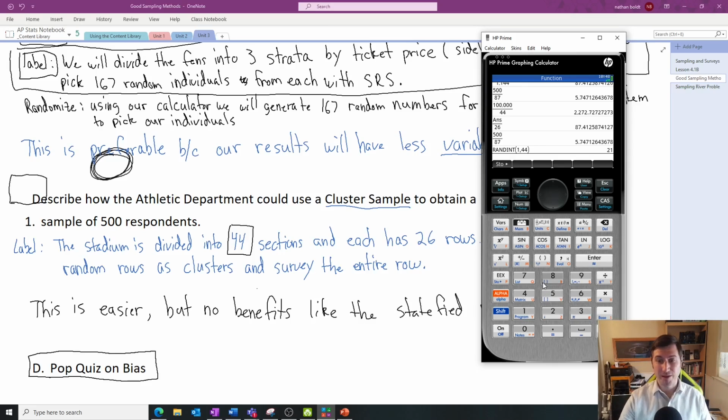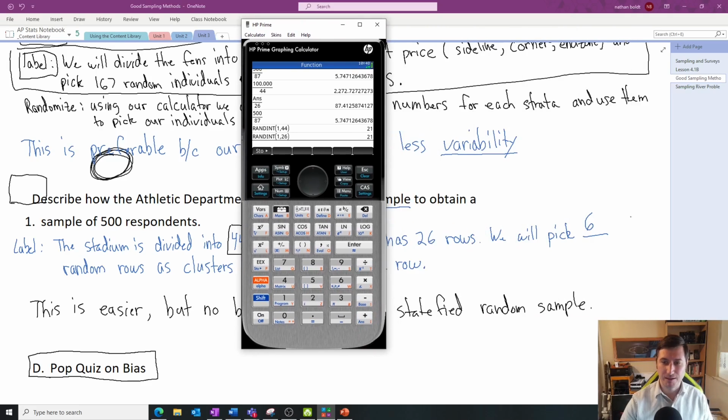Now what row am I going to go to? I do that again, but now from 1 to 26 because there are only 26 rows. Row 21, apparently. That was coincidence. That's how you could pick which rows you would do, and I would have to do that process 6 times to get my 6 rows.